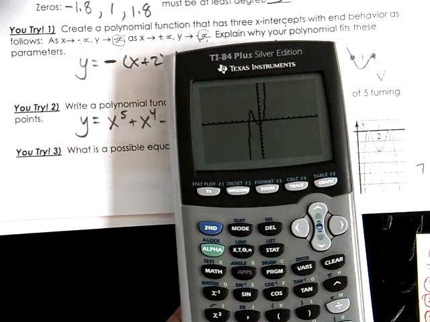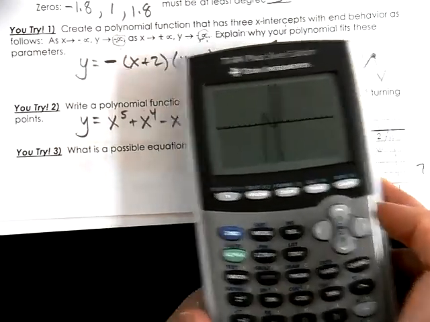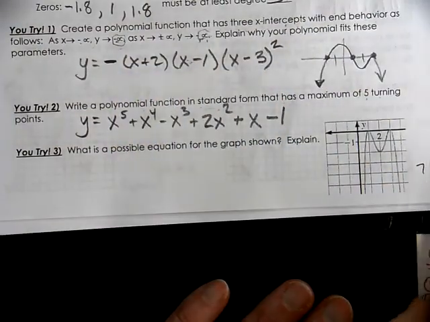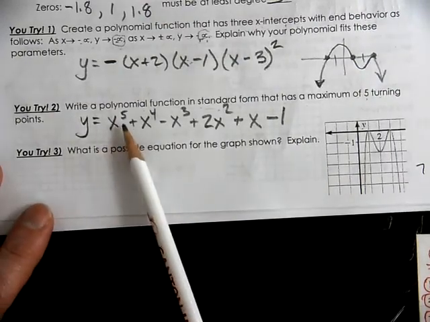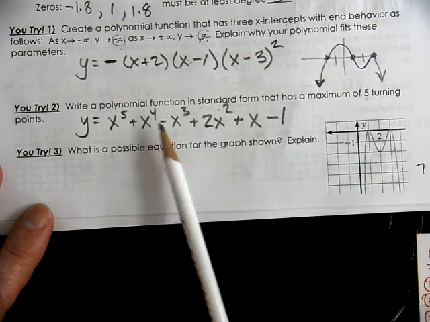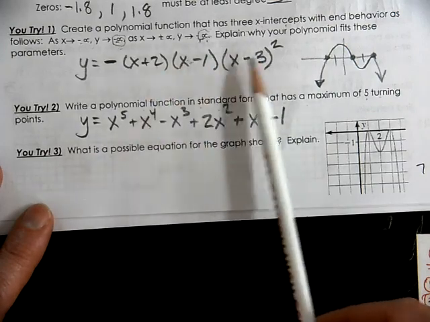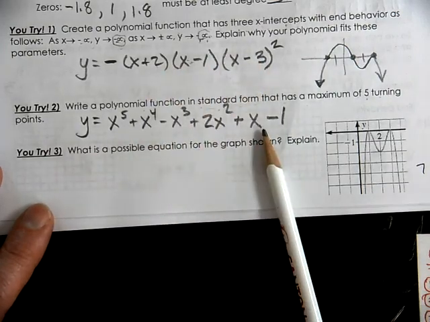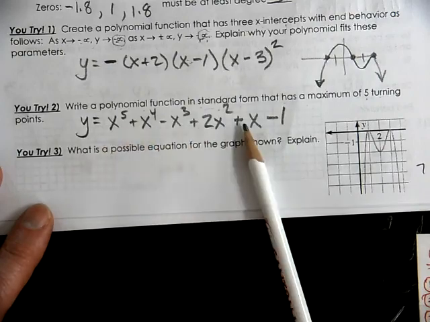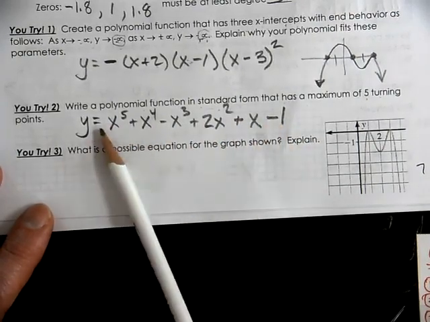Oh, my fault. Alright. The one reason why this wouldn't work, that makes sense now since I think about it. Okay. This would have a maximum of 5 turning points. That's why we say maximum here. If I would have made it with actual factors, then it would have crossed 5 times. We just kind of threw in some terms, 5, 6 different terms.